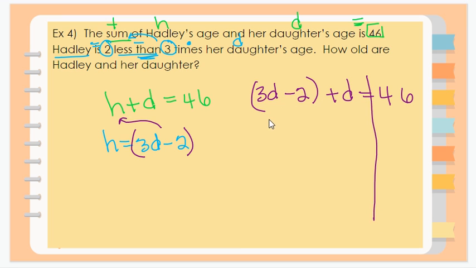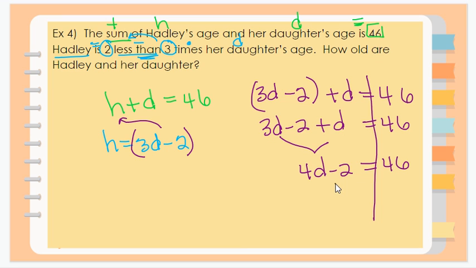The parentheses aren't really needed here because we don't have anything to distribute, so I'm just rewriting it without them so that you're not confused. Combine like terms, 3D plus D gives me 4D. Bring down my minus 2 equals 46.